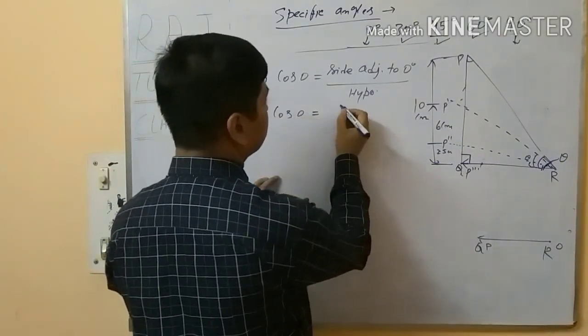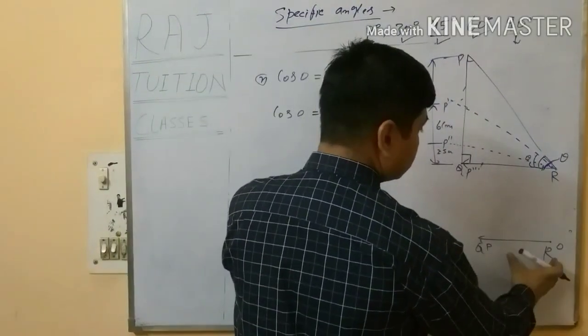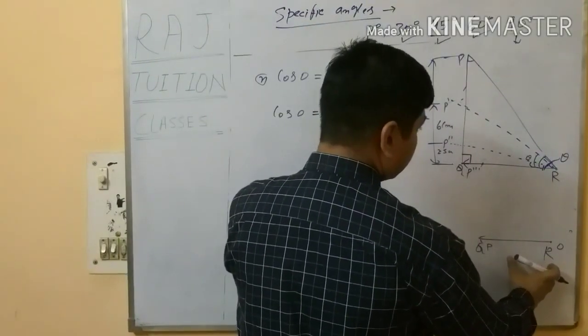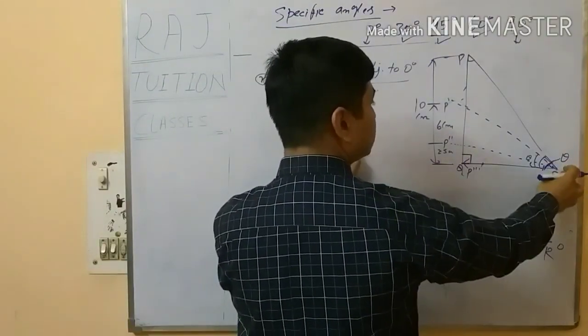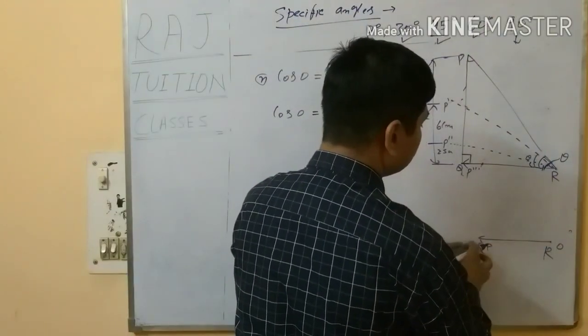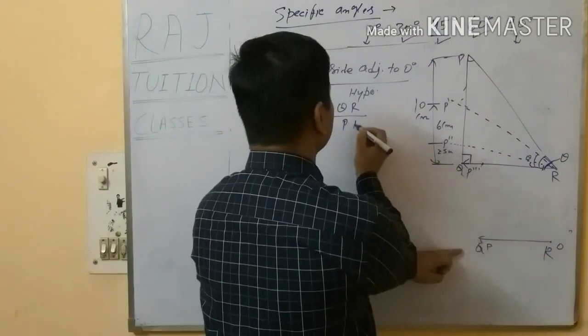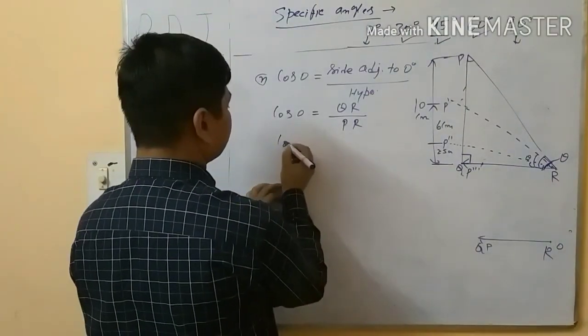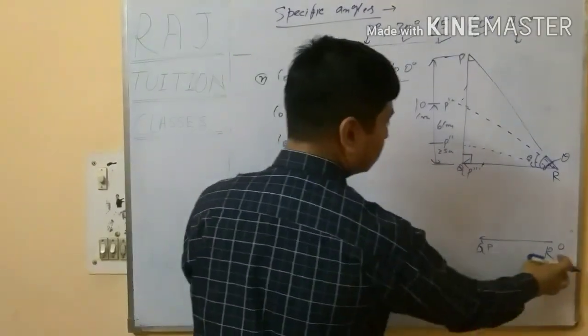Cos 0 degree is side adjacent QR divided by hypotenuse. So which was hypotenuse? PR is hypotenuse, but PR is now overlapping RQ. So cos 0 has QR over hypotenuse PR.